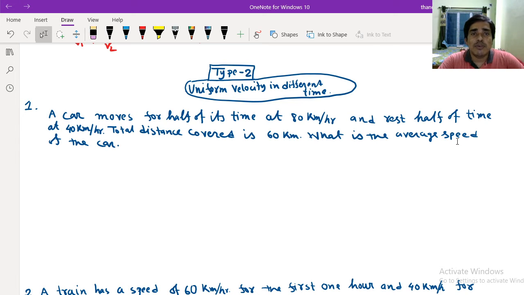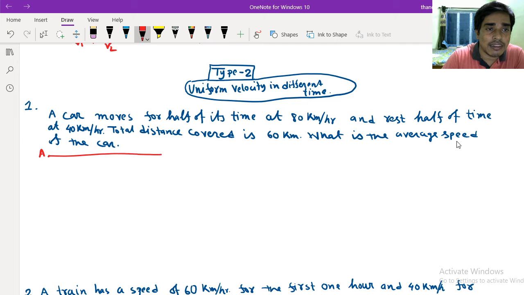In this case, uniform velocity in different time. A car moves for half of its time at 60 km per hour. So this is the path. Suppose this is A and this is B. Now a car moves for half its time.